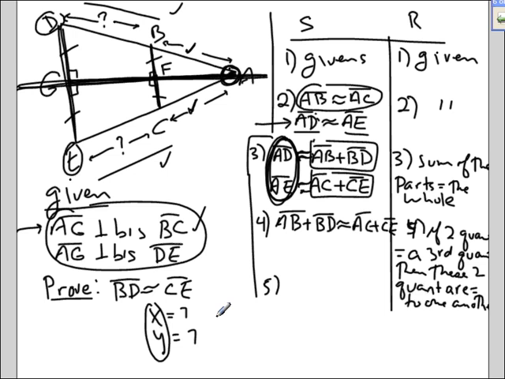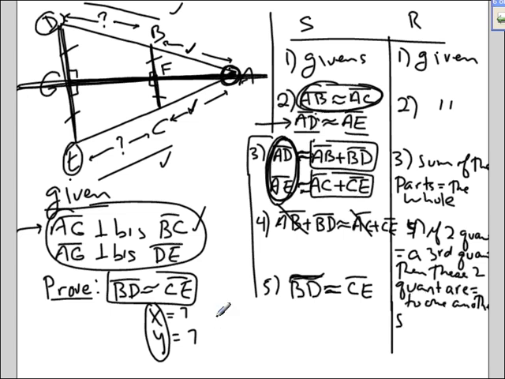Okay, statement number 5. So now I'm going to take away, remember, AB and AC are the same. I'm going to take them away from both sides. And then line segment BD and CE are congruent, which, by the way, is what we wanted to prove.